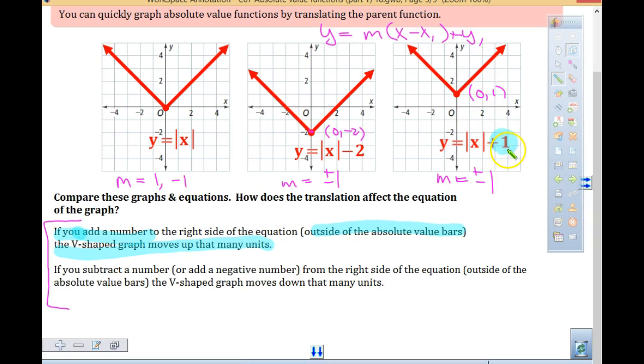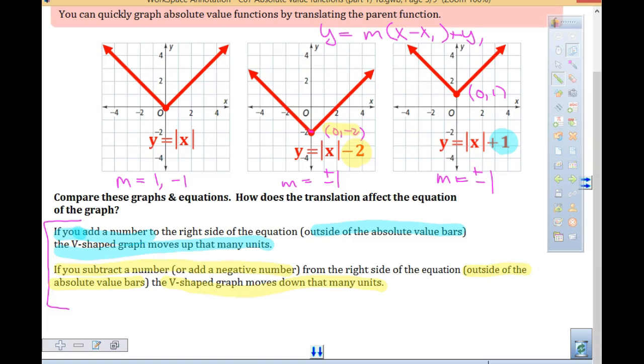If it would have been a plus 5, I would have moved it up 5. Same V shape, okay? What I want you to write for that next part is if you subtract a number or add a negative number outside the absolute value bars, the V-shaped graph moves down that many units. This one moved down to 0, -2.